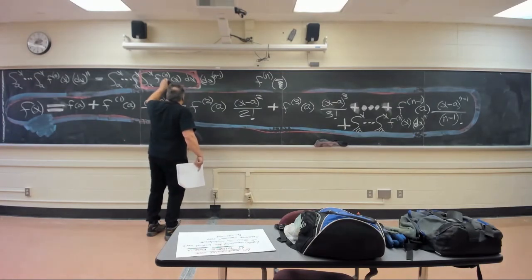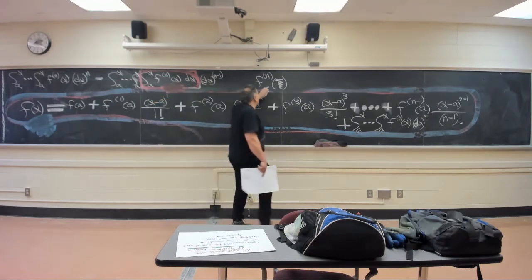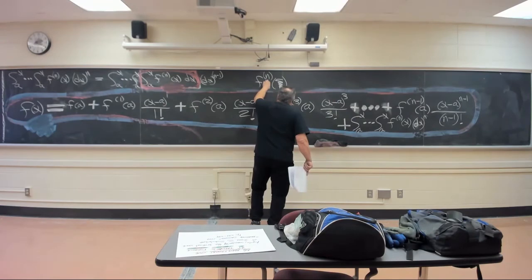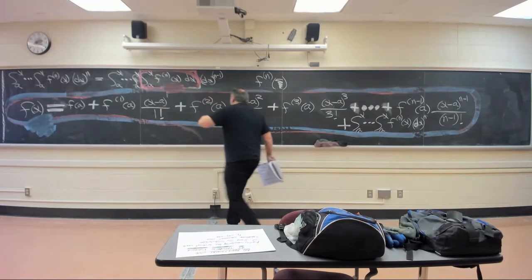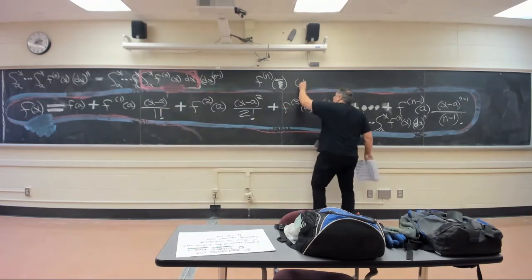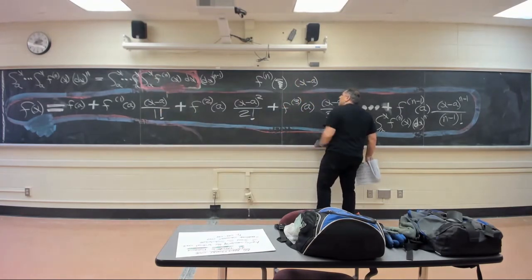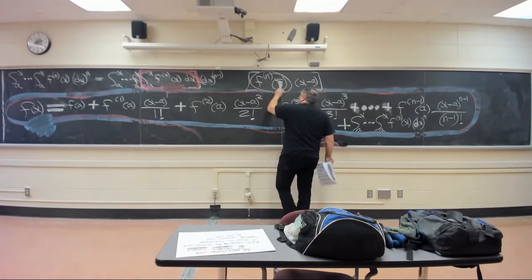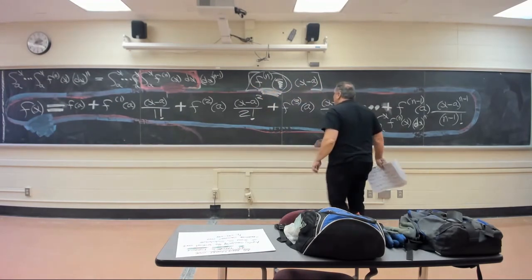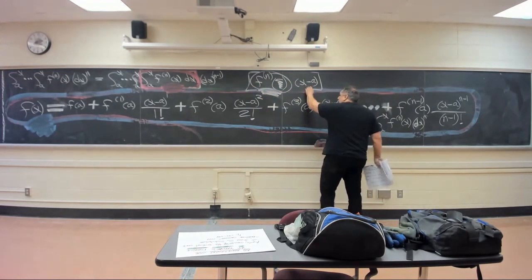The nth derivative of f at x integrated dx is going to be, by the mean value theorem, the nth derivative of f at xi, where xi is between a and x, multiplied by x minus a. Yeah, that's fine. Now, this is a constant, ladies and gentlemen. That becomes a constant. This varies.